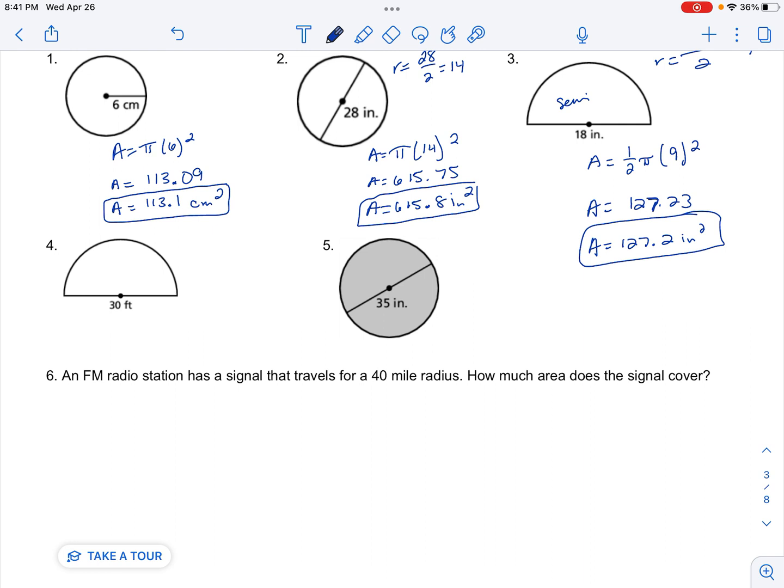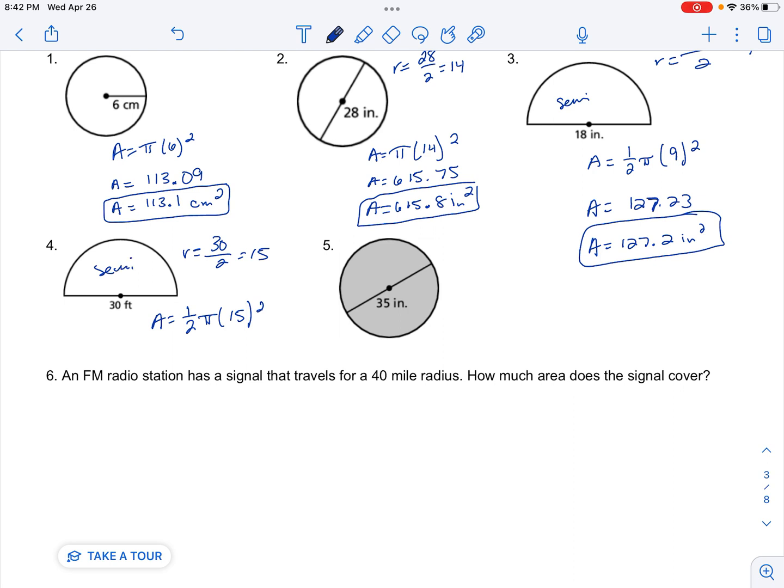Good practice. We're still just doing the same thing here. So radius, remember, whole length divided by 2, unless you have just half the circle only shown. But in this case, we have the 30 all the way across. Sub right into our formula.